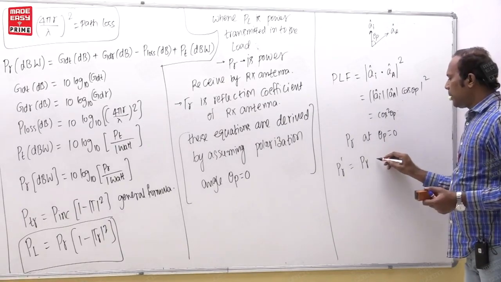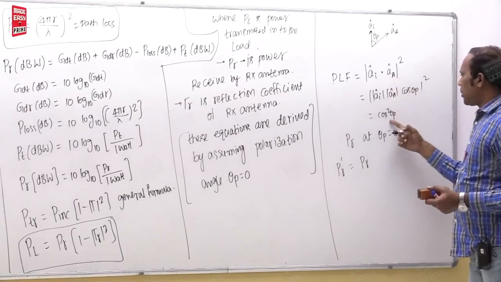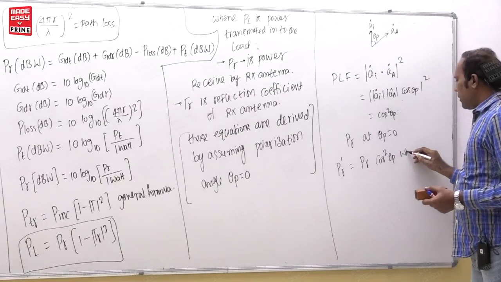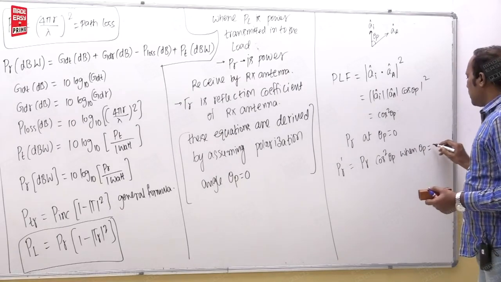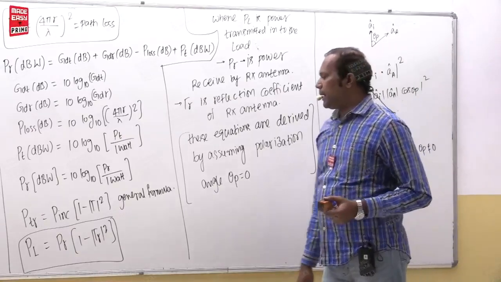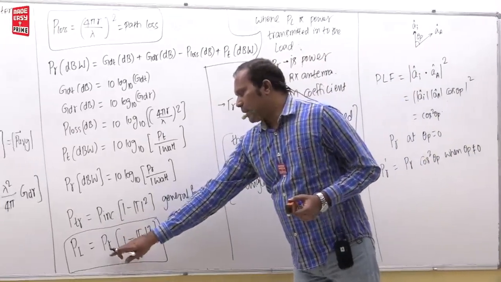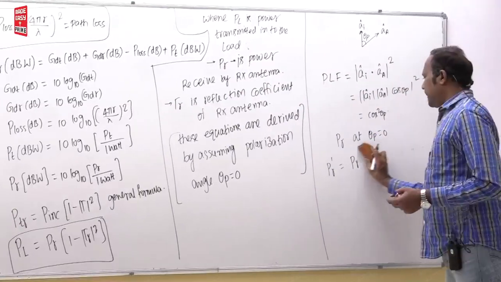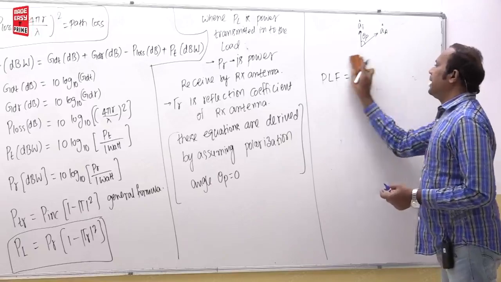Then PR is multiplied with this factor, the polarization loss factor, that is cos square theta p when theta p is not equal to 0. Then the power supplied to the load becomes PR dash. I will be writing there.